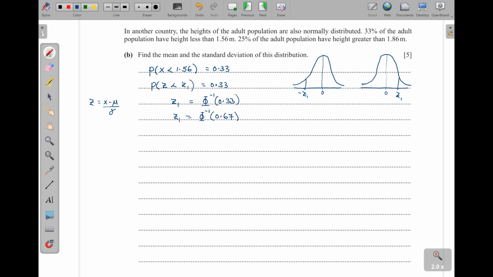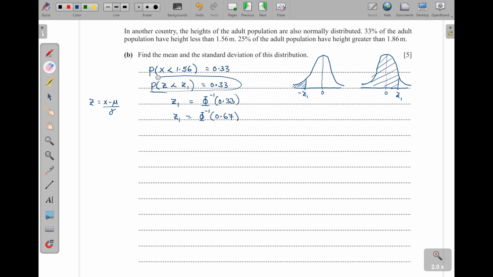Now you ask yourself, I'm just focusing on this one here, less than z1 is 0.33. So less than, I'm looking at this part here on the left of the z1, and on the left of the z1, you ask yourself which of these two can actually give us the 0.33.